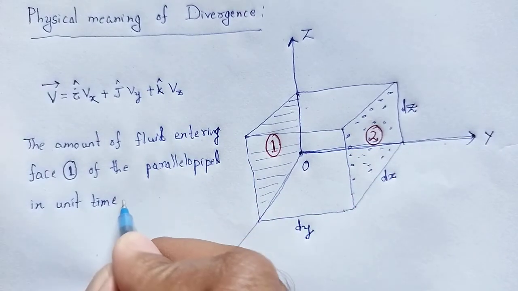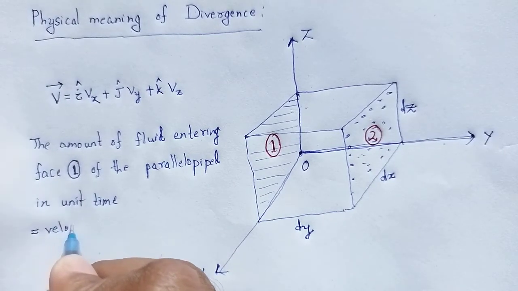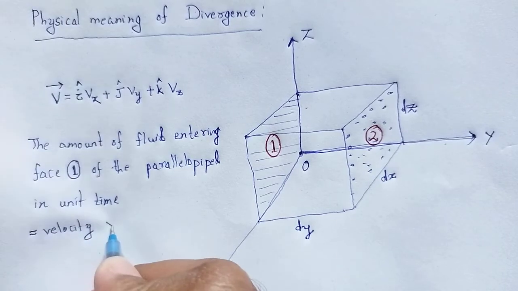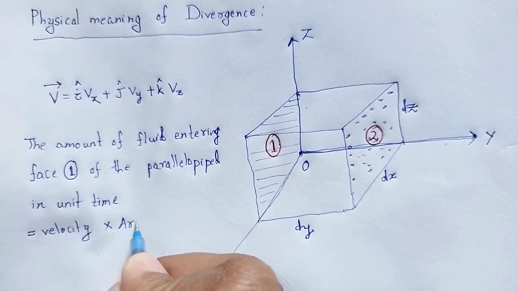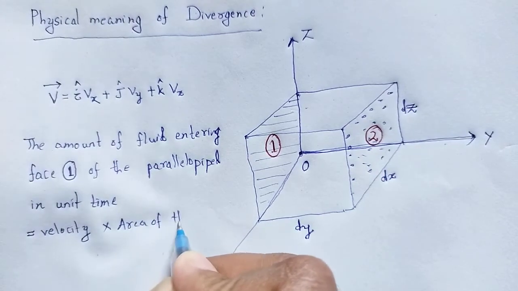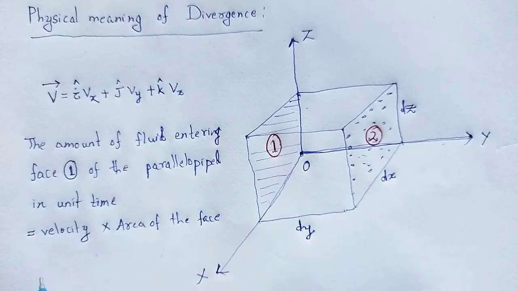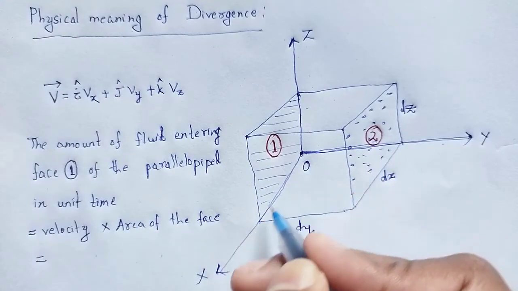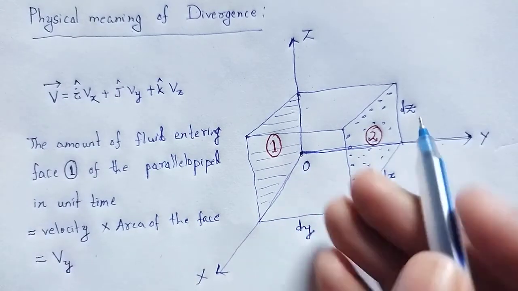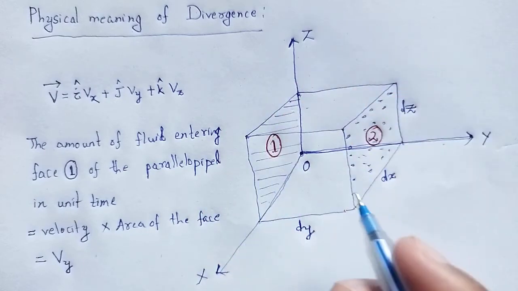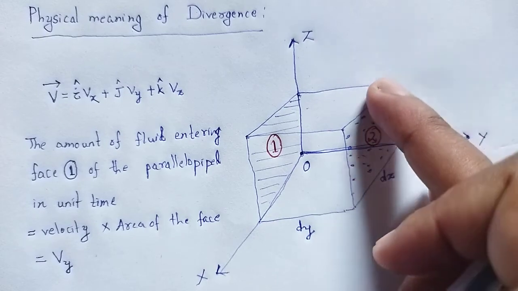That is nothing but the velocity of the fluid into the area of the face. The velocity component is Vy in the y direction, and the area will be dx into dz.